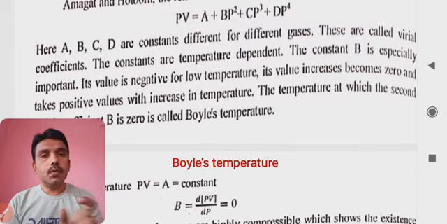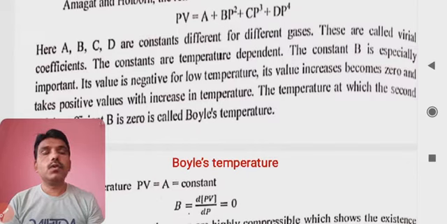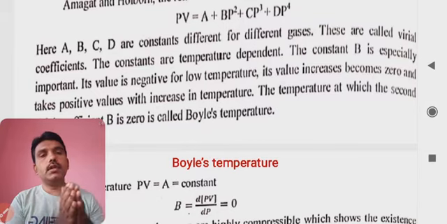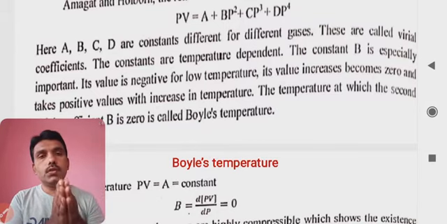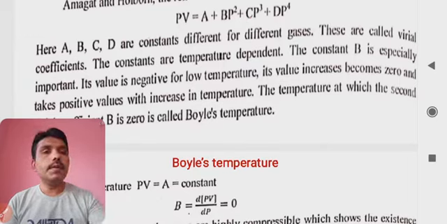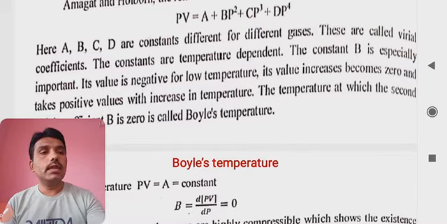So the important factor is that these coefficient constants A, B, C, D are at the negative stage, then they come to positive, and then afterwards to zero, and then afterwards positive. But the important factor is the zero, the temperature at which these values become zero, that is very important.